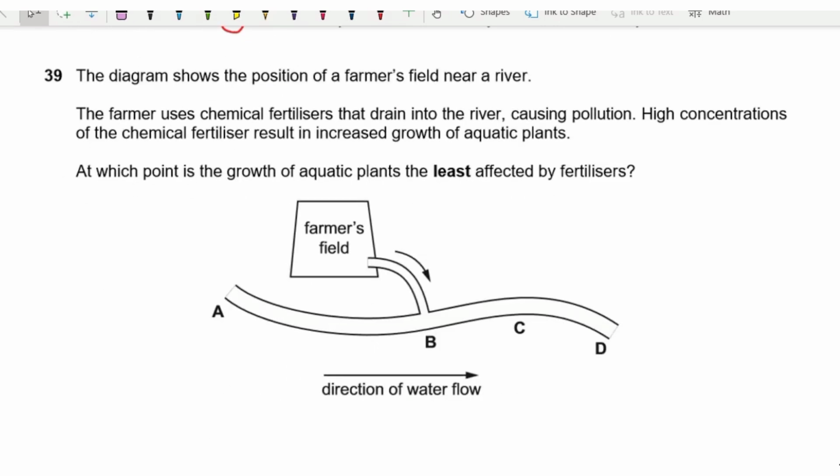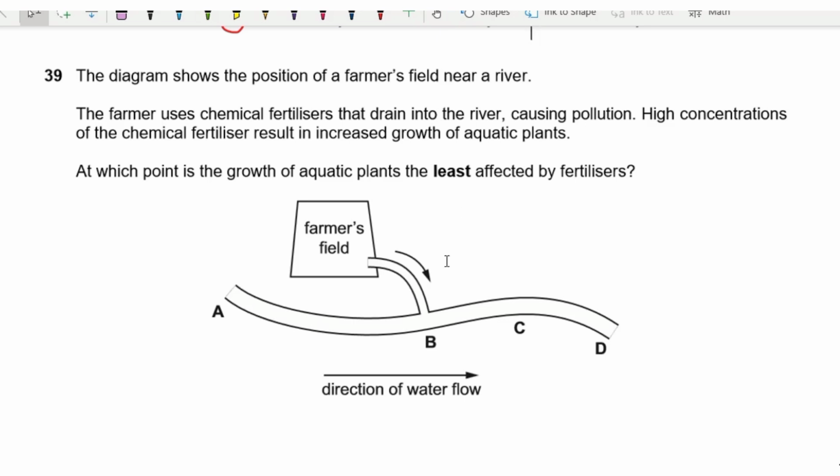The diagram shows the position of a farmer's field near a river. The farmer uses chemical fertilizers that drain into the river, causing pollution. High concentrations of the chemical fertilizer result in increased growth of aquatic plants. At which point is the growth of aquatic plants the least affected by fertilizers? Now from the flow, look at the direction of water flow.